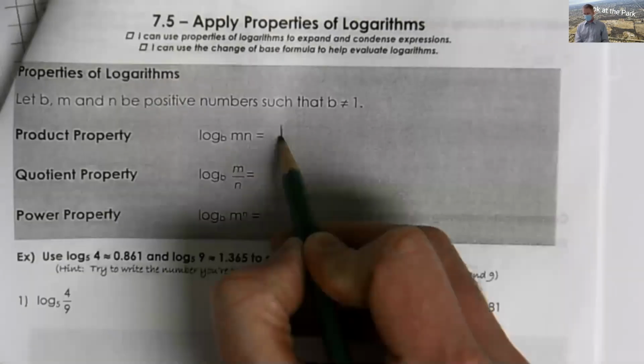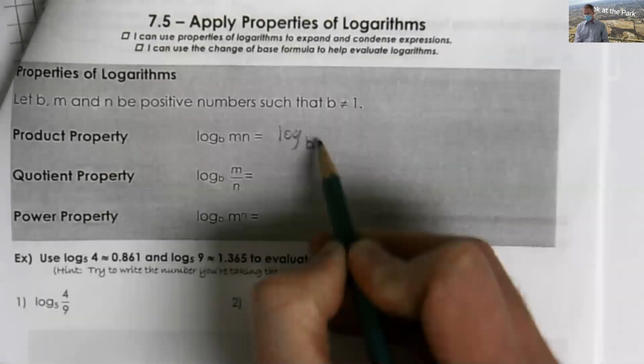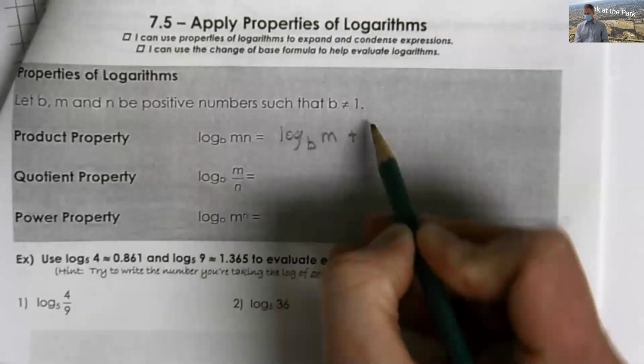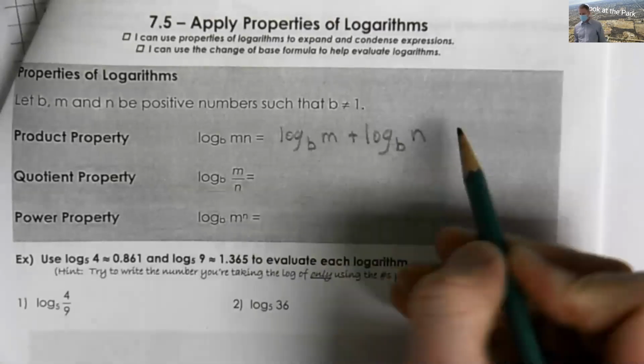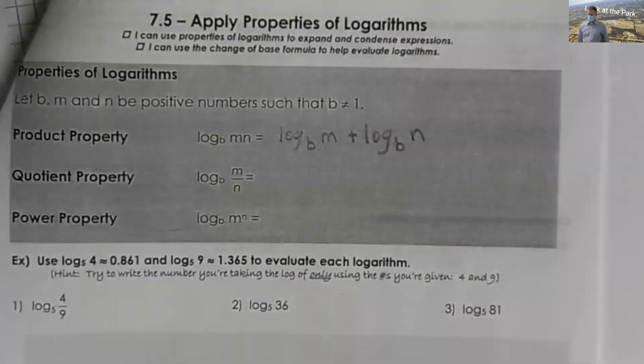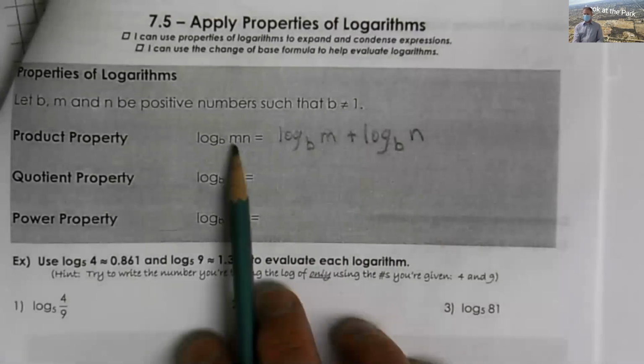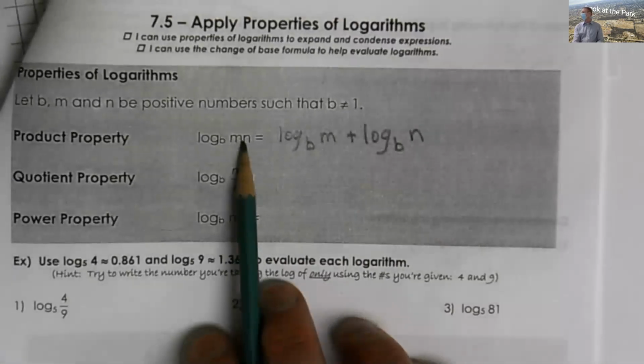We can also write that as the addition of two separate logarithms. As long as they have the same base, we can use that property to take one logarithm and write it as two. We use addition if we have factors of what we're trying to take the logarithm of.